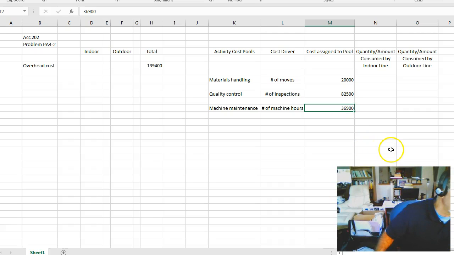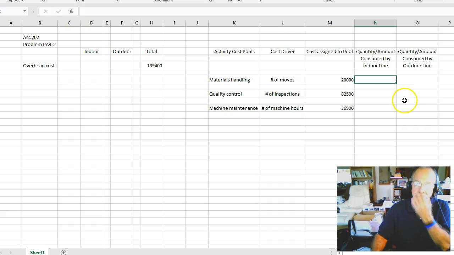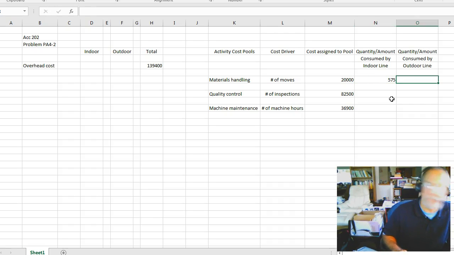And then finally, under quantity or amount consumed by each of the two product lines, for materials handling, how many moves were made for the indoor line, and that was 575. And likewise, how many moves were made for the outdoor line, 425.